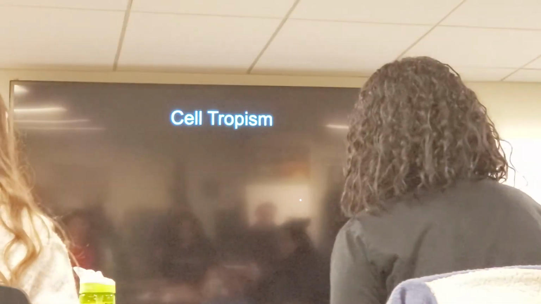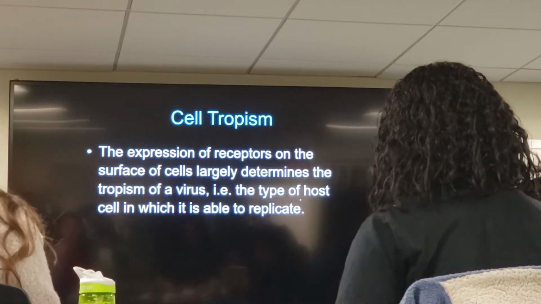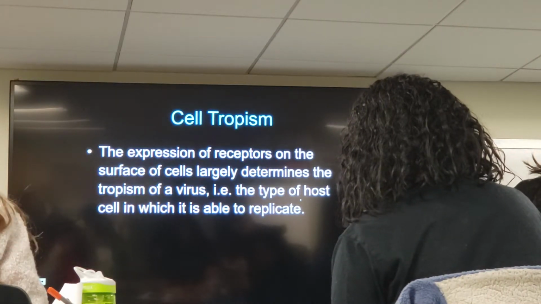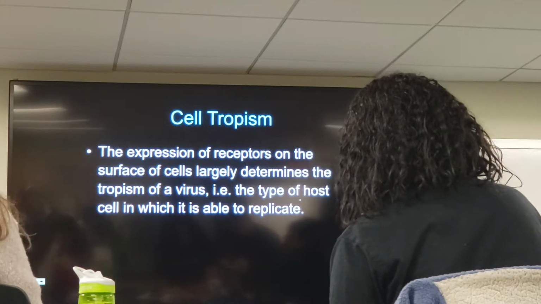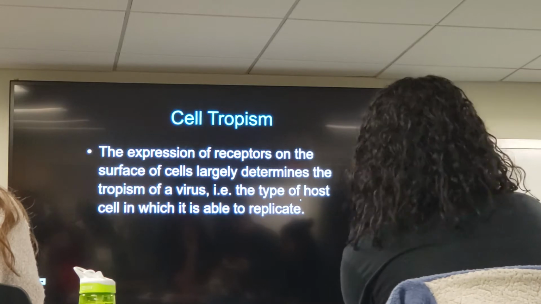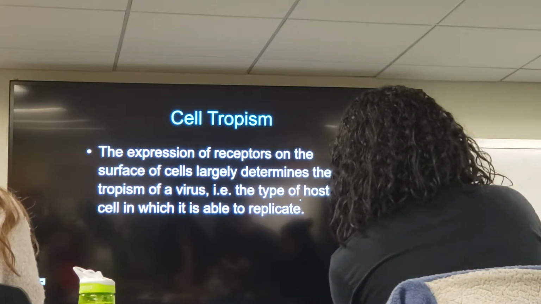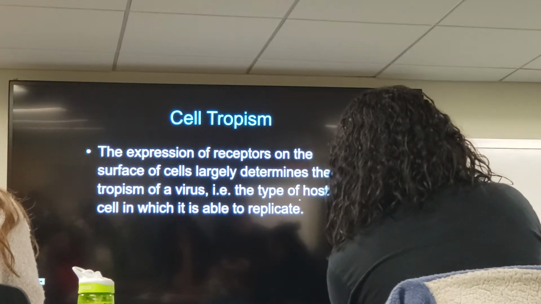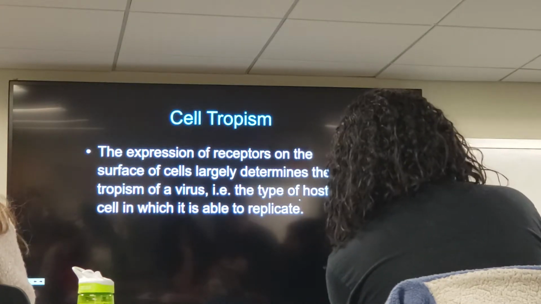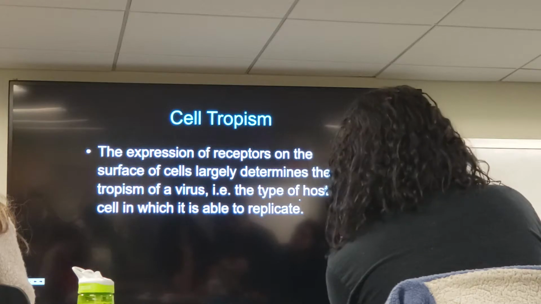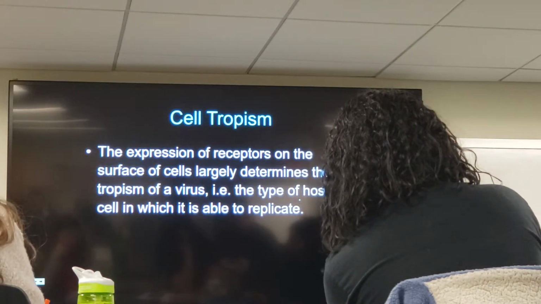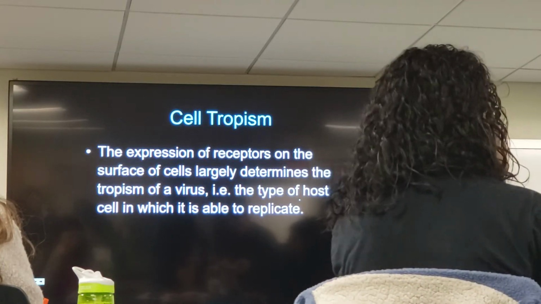Alright, cell tropism. What we mean by tropism is the type of host cell that a virus can infect. So the expression of receptors on the surface of the cell determines the tropism of a virus, for example, the type of host in which that virus is able to replicate. If I'm an adenovirus, I cannot infect a cell that does not have both that CAR receptor and integrins.